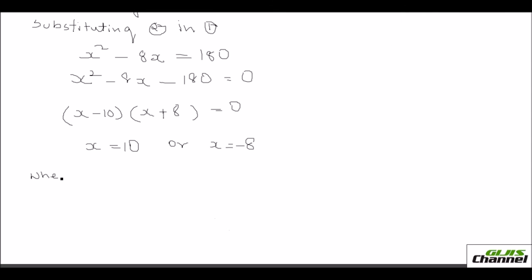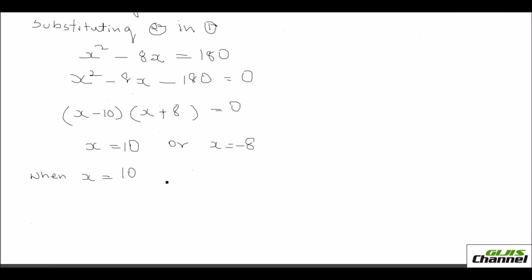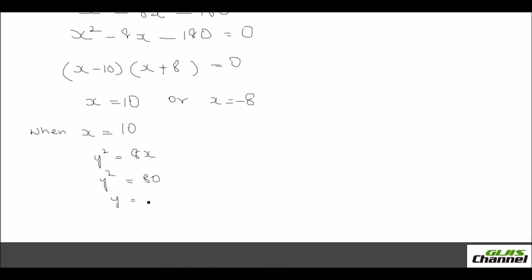When x is 10, your y you can find by substituting in the second equation. You know that y squared equals 8x. y squared equals 80, since x is 10. So y would be plus or minus square root of 80.